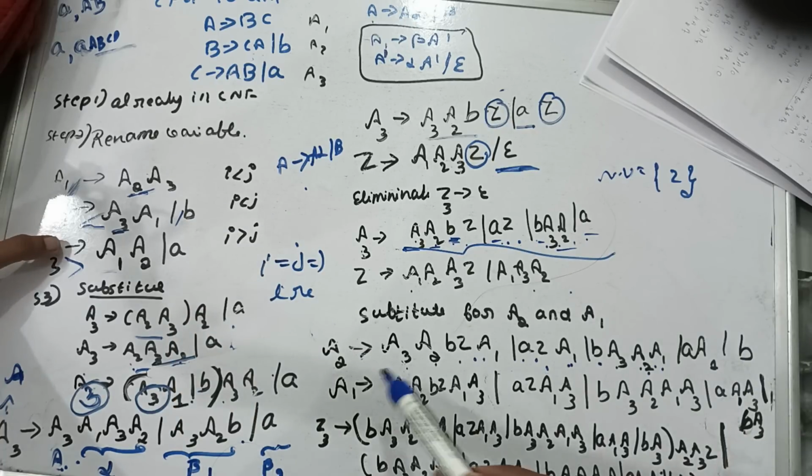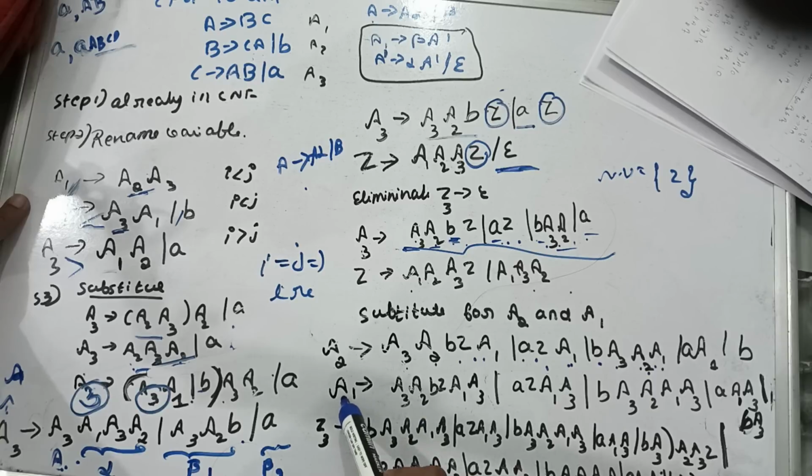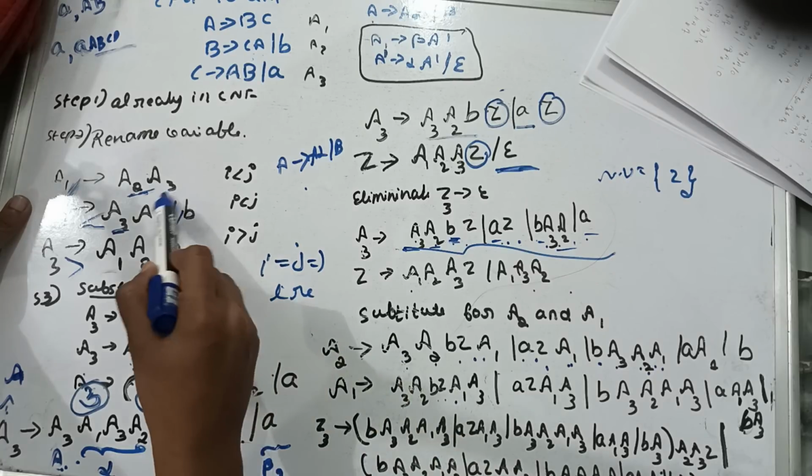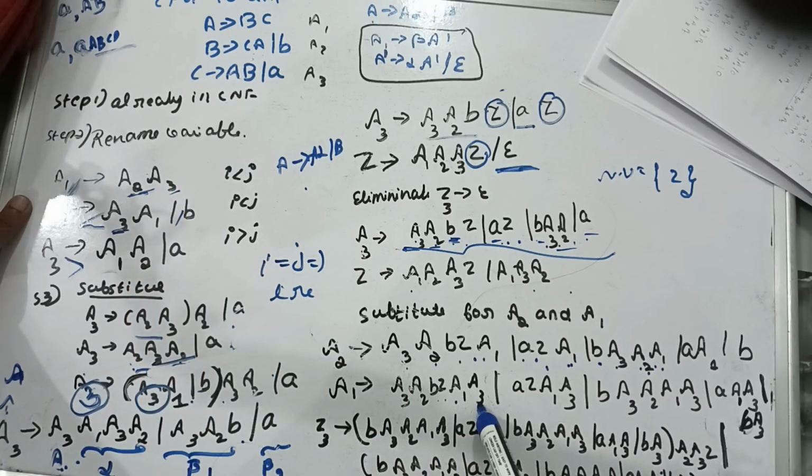Okay. Next, substitution for A1. So in the place of A2, write A2, A3, A2, B, Z, A1 and multiply with A3 here, and write the same AZ A1 multiplied with A3, the same multiplied with A3, the same multiplied with A3.